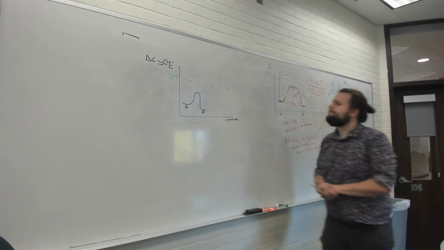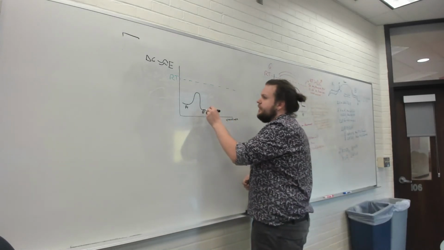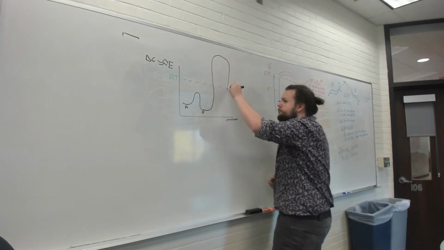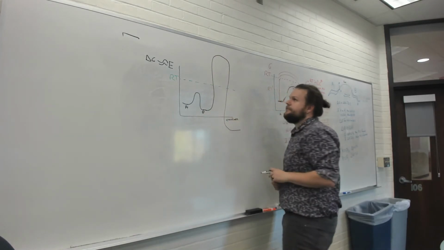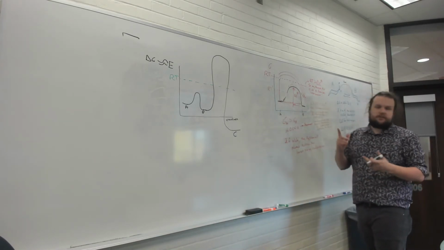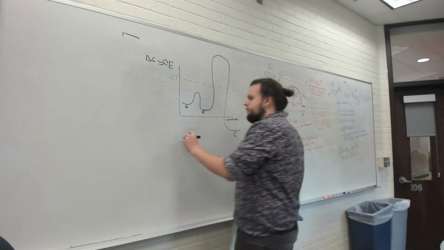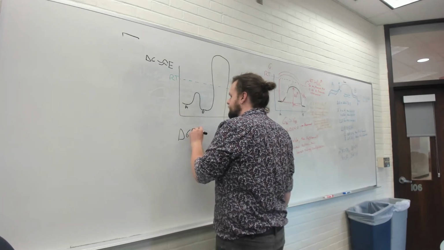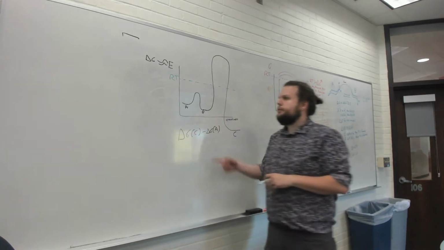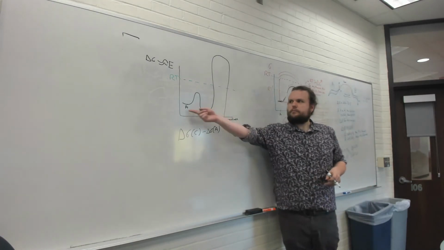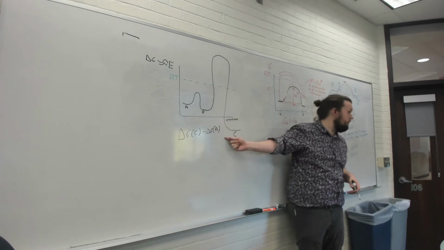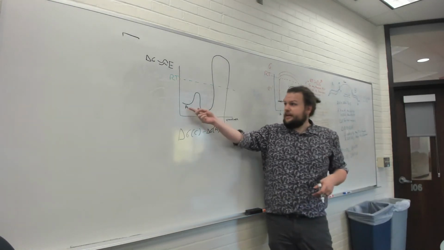G. But what happens if you have another connection that has a huge barrier and a really negative energy, like this? If you just look at delta G of C minus delta G of A, you would expect your system is going to spontaneously interconvert into C, because the energy difference is huge.